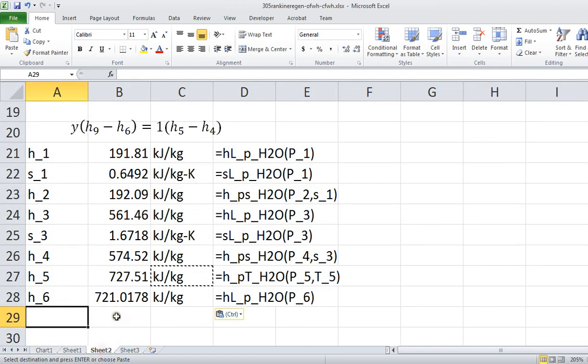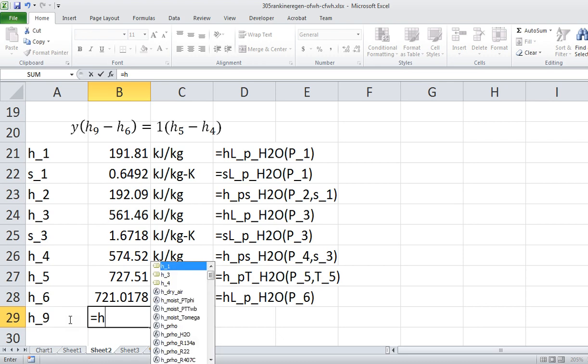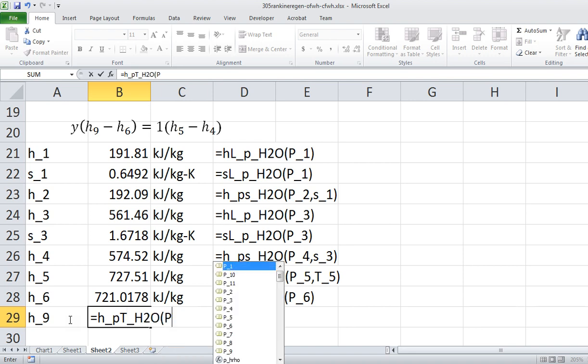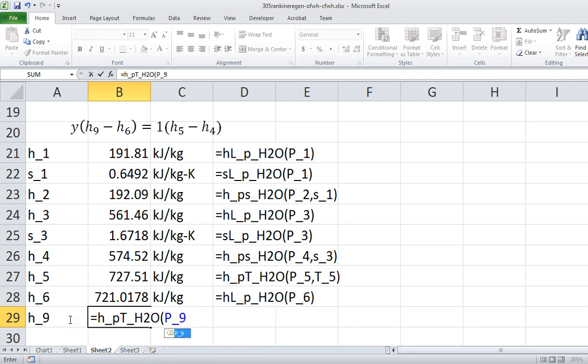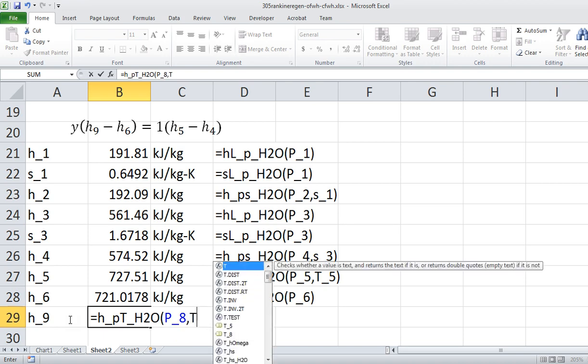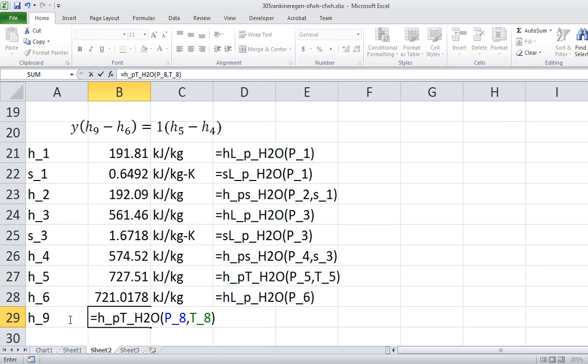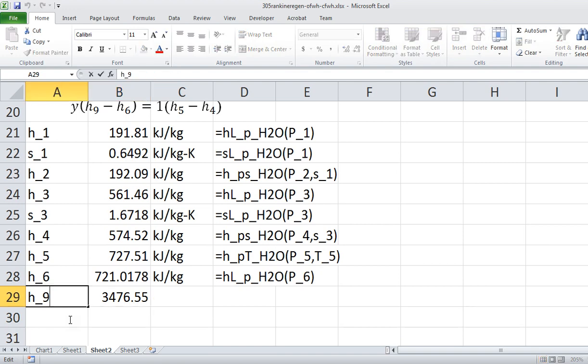H8 is equal to H as a function of the pressure and the temperature, and the pressure we know is P8, and the temperature is T8. I'm sorry, I've got this wrong. I need to put P8 and T8 and then change my label. We're doing state 8 first. There we go.